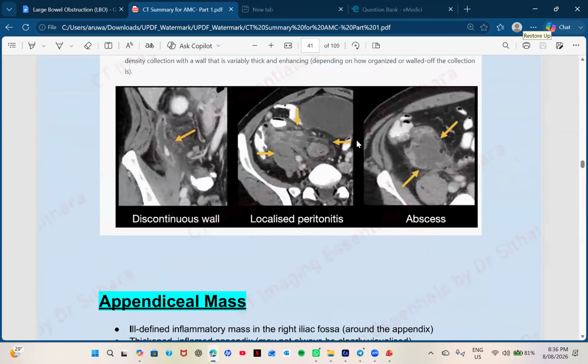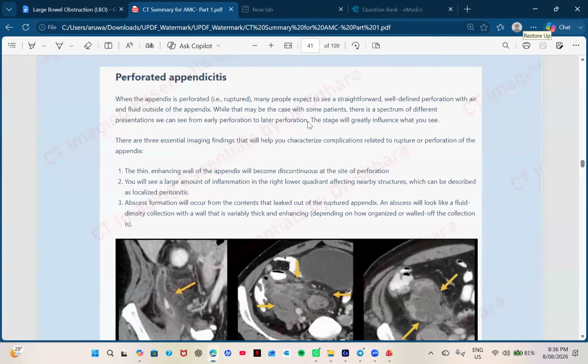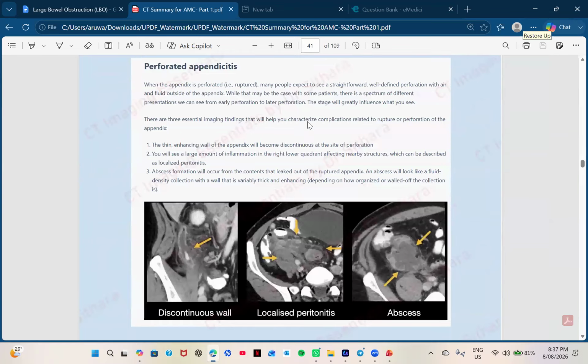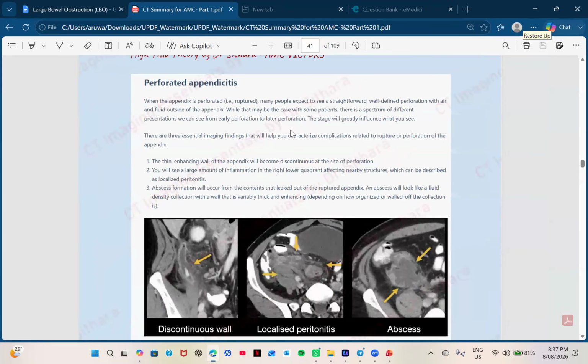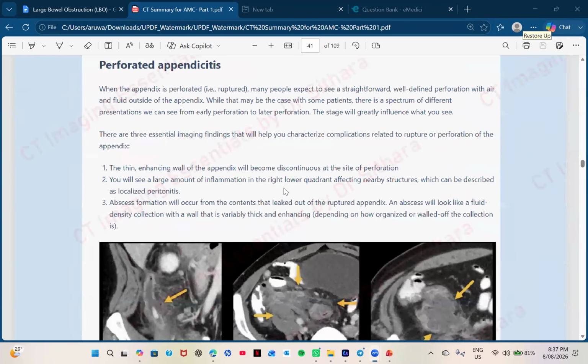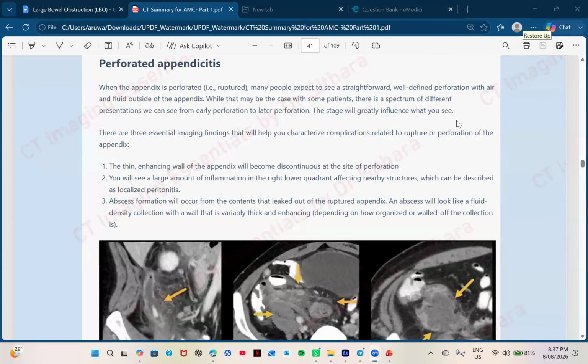Okay, so yeah. And here, perforated appendicitis, how does it present? How does it present, doctors? The perforated one. Okay, here. When the appendix is perforated, many people expect to see a straightforward, well-defined perforation with air and fluid outside the appendix.